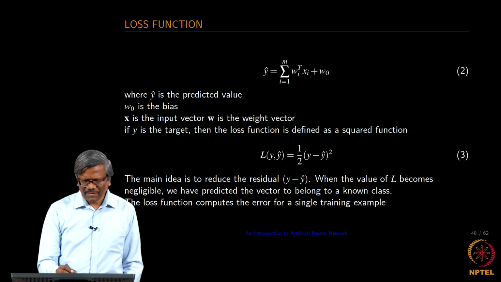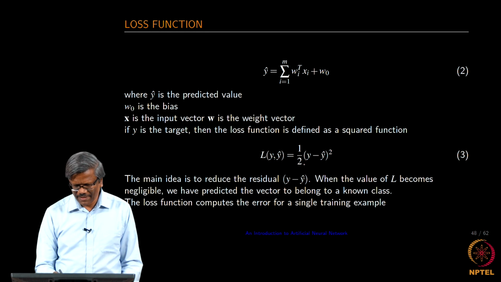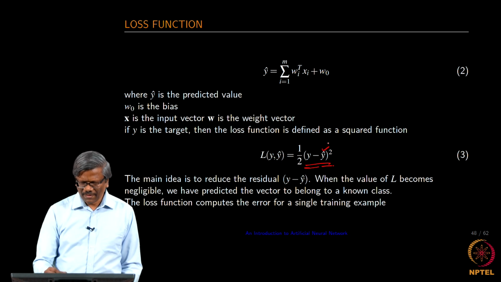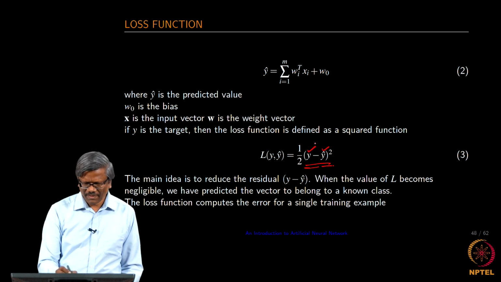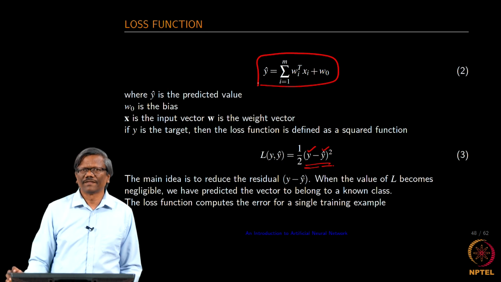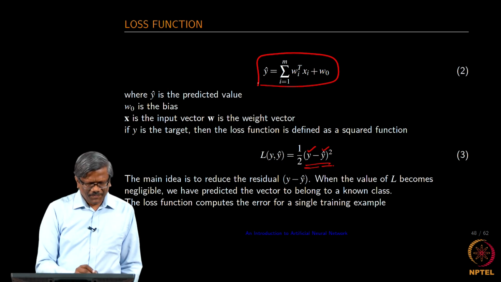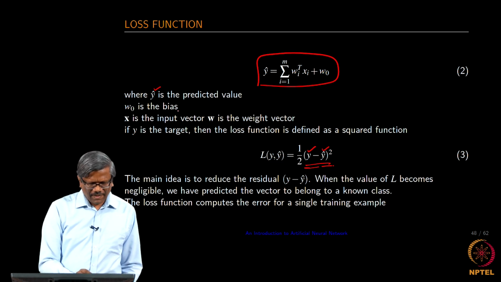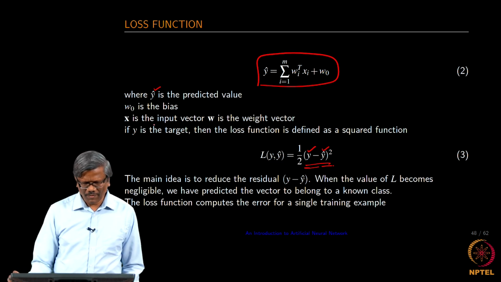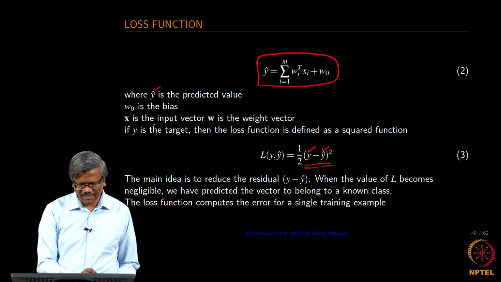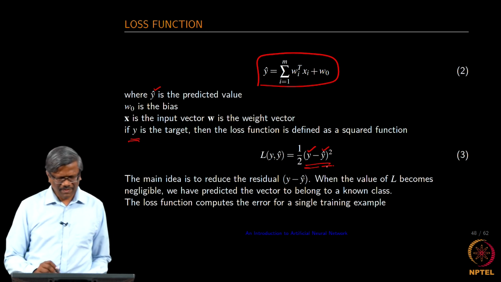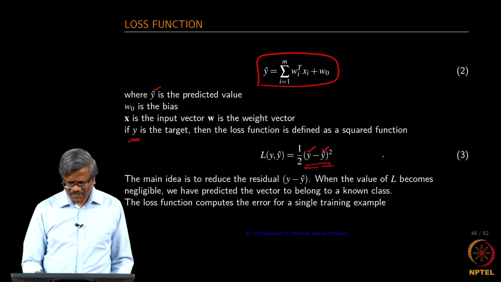Okay. The loss function is computed based on the mean square error. You know what is the output that you are computing and what is the target. Okay. So, this you now know very well, right. So, we have the predicted value computed using this equation 2, and W naught is your bias and x is the input vector and W is the weight vector, and if y is the target that we are looking at, the loss is computed using the mean square equation as follows.